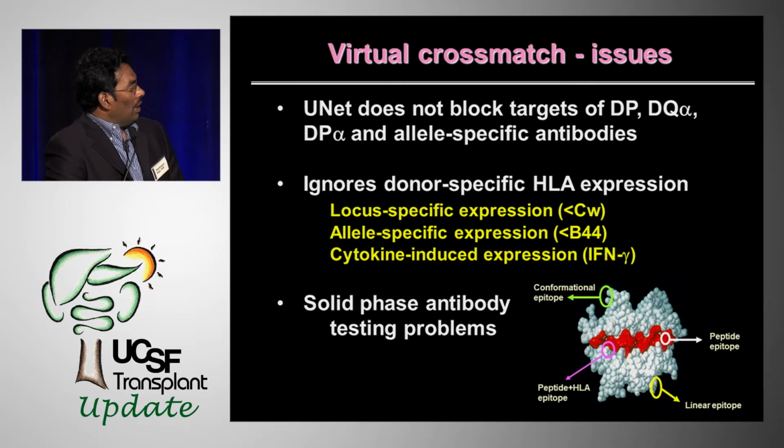On top of that, we are always looking at the antibodies in the patients and the donor typing in the donors. We never look at the expression of the donor types. So the physical cross-match is the only way that is donor-specific. It is still a very valid cross-match because the HLA protein expression can be different from donor to donor. It is not very well characterized, but at least some loci, such as HLA-C, are known to be low expressed when you compare them with other B and A molecules.